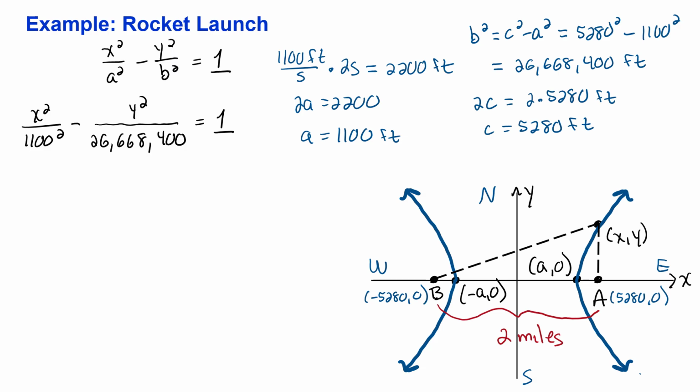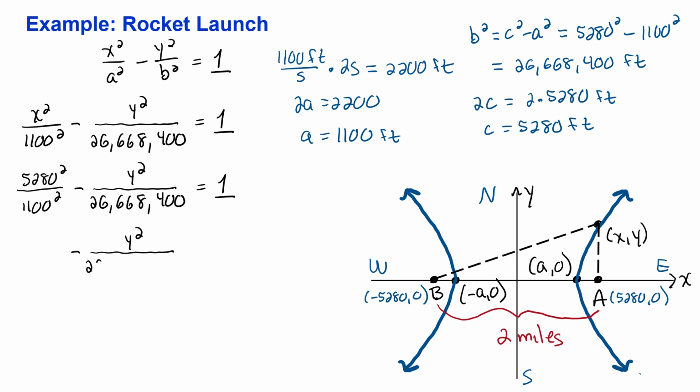Now, substituting into the equation, we can write 5,280 squared divided by 1,100 squared minus y squared divided by 26,668,400 equals 1. Subtracting 5,280 squared divided by 1,100 squared from both sides of the equation, we have negative y squared divided by 26,668,400 equals negative 22.04.